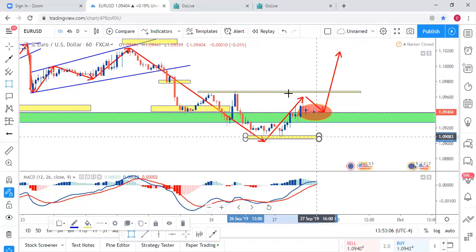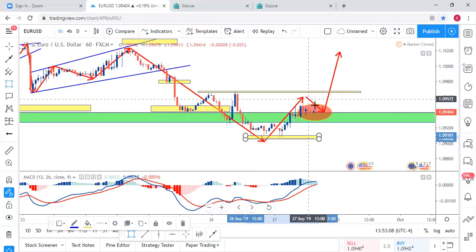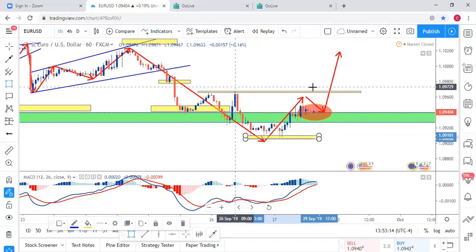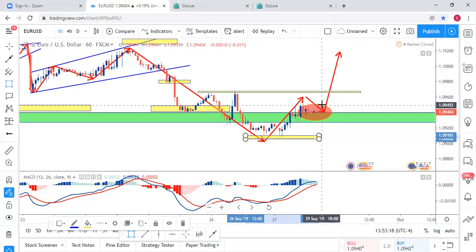You can now look for the market, whether it's down here, to push up and break this area to continue to buy, or you can set an entry anywhere above here.